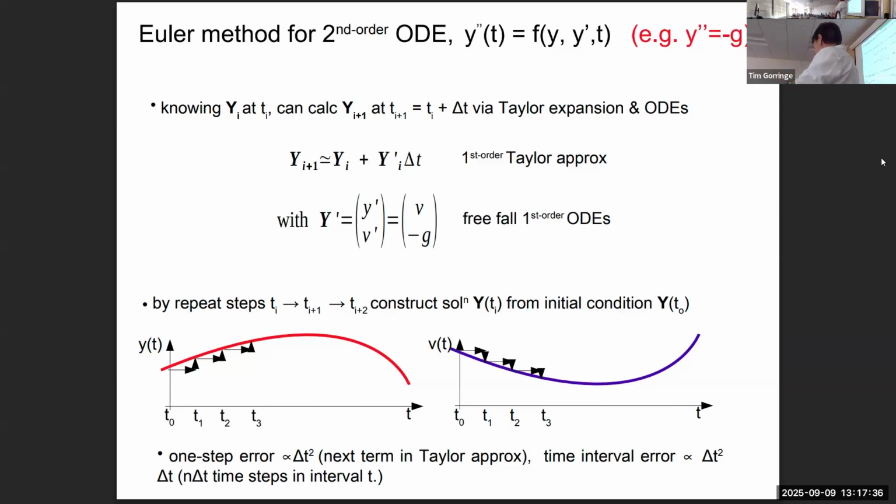So make the time interval half as big, you reduce the error by a factor of 4. But the error on the overall interval, the whole flight time, say, of a projectile, goes as the time interval. So if you reduce the time interval by a factor of 2, you reduce the error on the whole path by a factor of 2. That's very useful to know, to understand the uncertainties you're introducing.